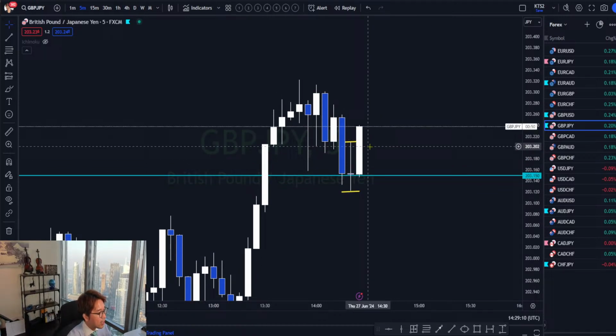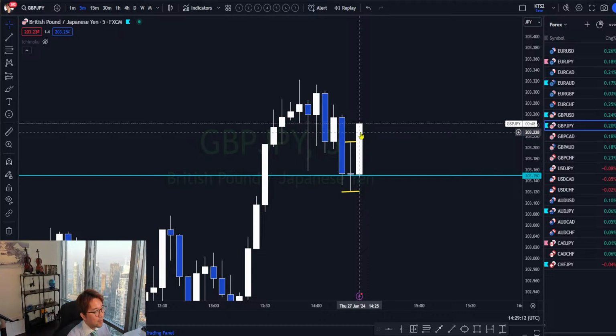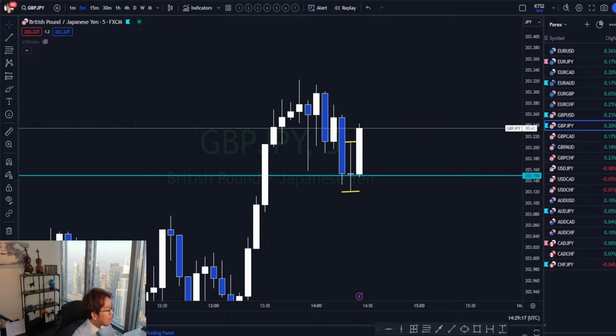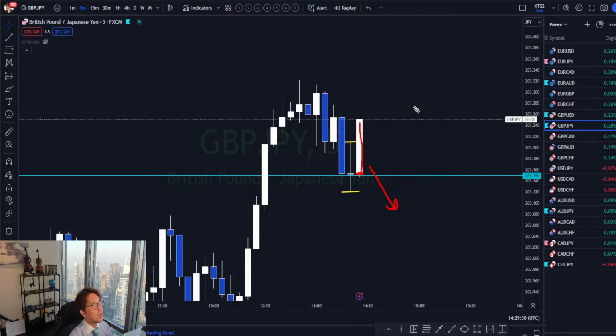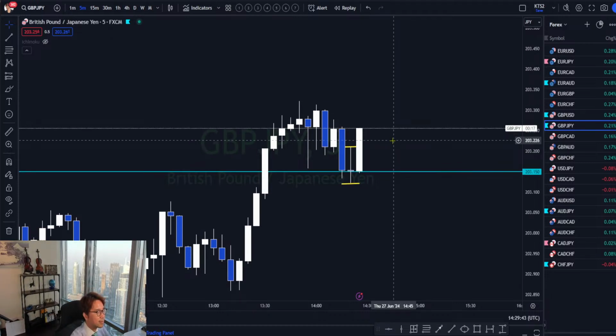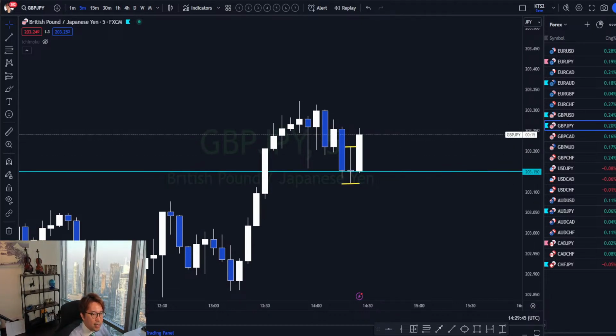So far it's breaking the doji bullish, but we never know until the end of the 5 minute chart. It may end up closing with a pin bar, long wick up and very tiny body, and from the next 5 minutes onwards the market may go down. So really have to be patient to wait for the candlestick close. So let's see how it closes in the next 20 seconds. Yeah, let's see.